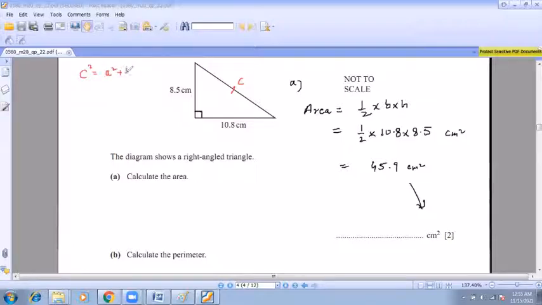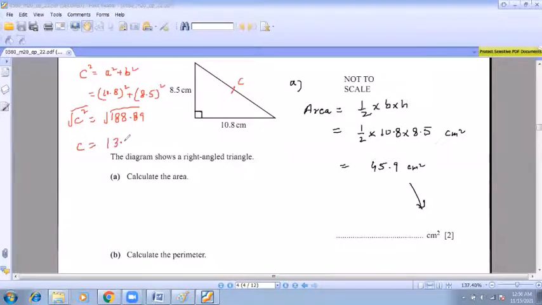So a squared plus b squared: 10.8 whole square plus 8.5 whole square. It gives me 188.89, and we want only c, so we will take the square root. So c is equal to 13.7.